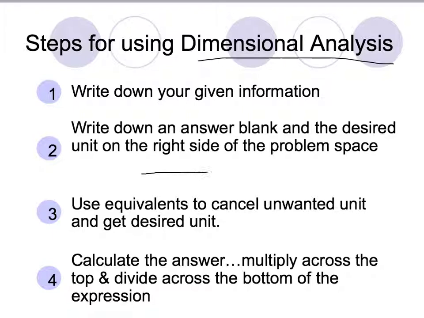A truth table I always use like this, and this is where I'd put my X and then whatever unit I have. In the second part of the truth table, I'd use the equivalents, the conversion factors, to cancel out the unwanted unit and get the desired unit. To calculate the answer, number 4, multiply your numbers across and divide down the bottom. Okay, so that's the basic idea.